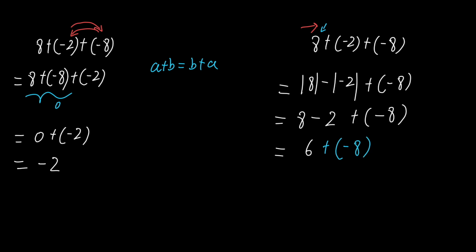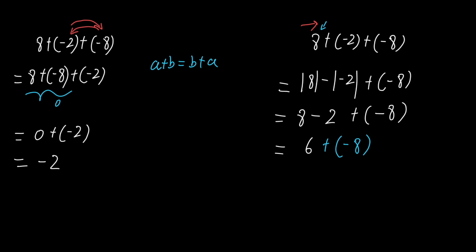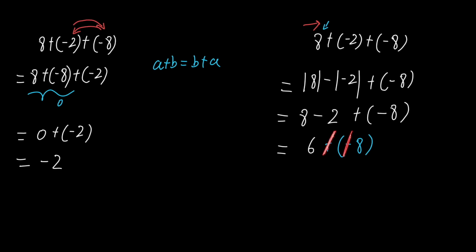-8. Now, same step. We first observe the numbers and we don't care about the sign here. 8 and 6. So 8 is greater than 6. So we're going to use the absolute value of -8 minus the absolute value of 6. Then 8 minus 6 is 2.